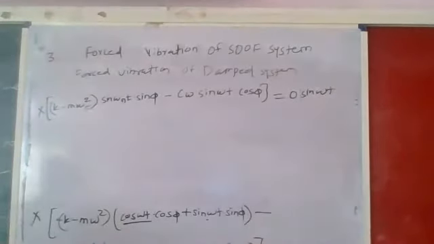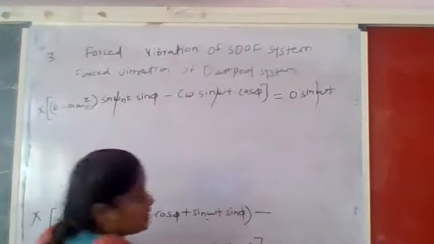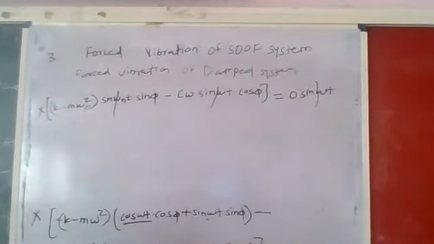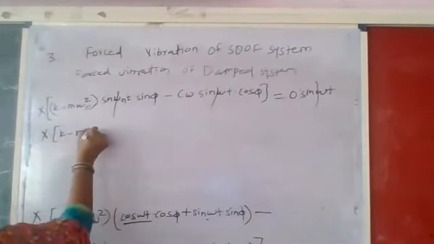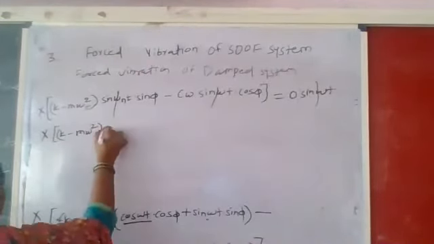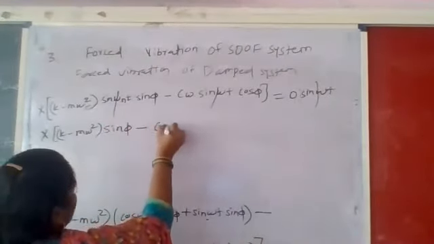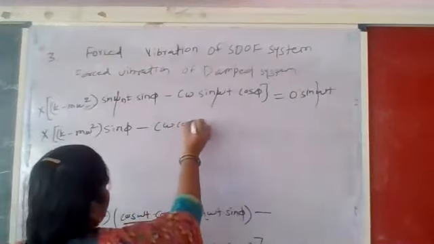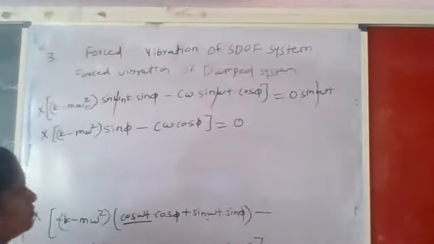By taking the common terms outside, that sin omega t, that sin omega t, and that sin omega t, these are the common terminology. So what equation is produced? k minus m omega square, bracket complete, into sin phi minus c omega into cos phi, bracket complete, is equal to 0.